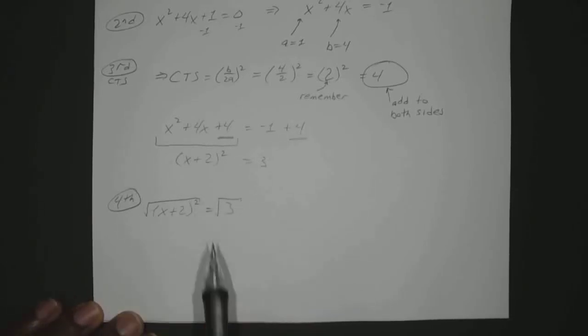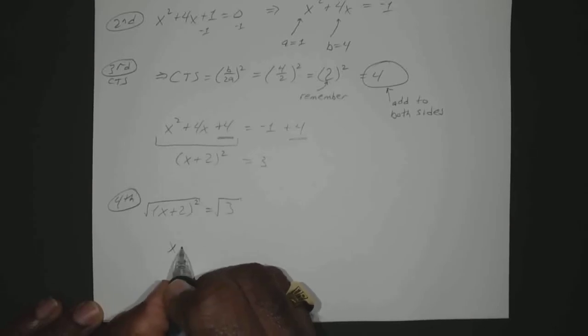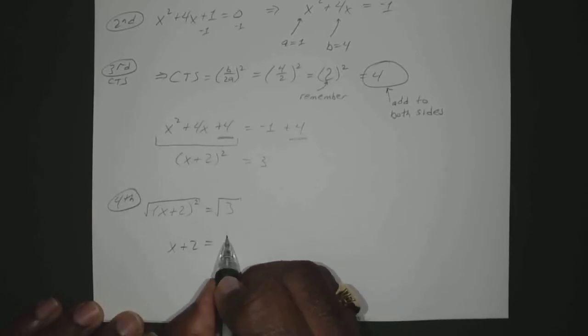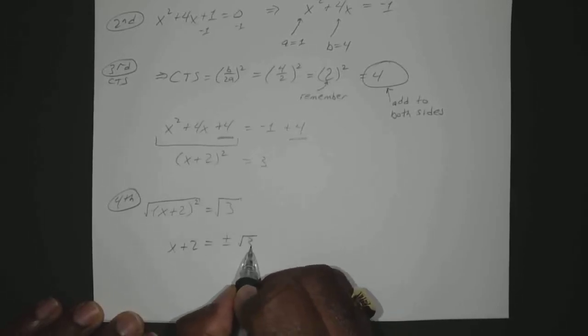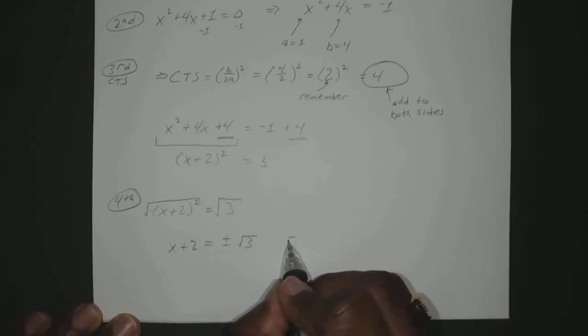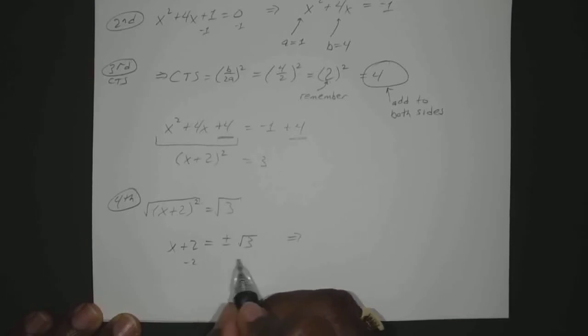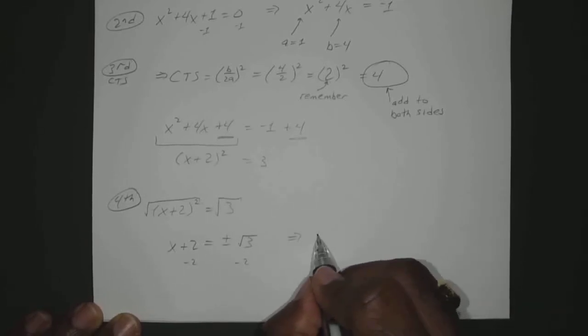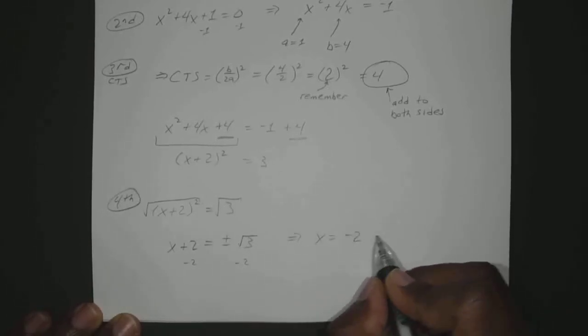The square and the square root cancel out. So that's x plus 2 equals plus or minus square root of 3. Subtract 2 from both sides. We have x equals negative 2 plus or minus square root of 3.